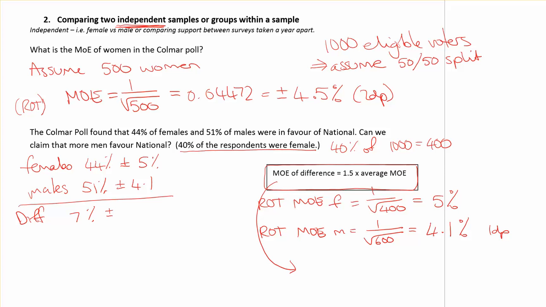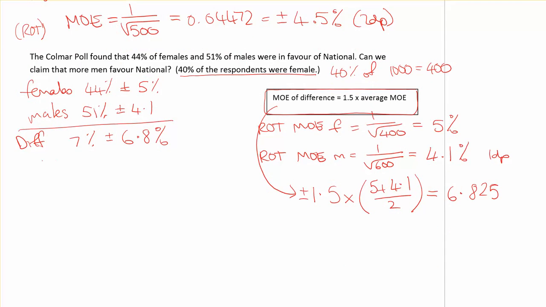So if we do the working down here, it'll be plus or minus 1.5 times now the average. If you want to average, add the two together and divide by 2. So you can work that out, 6.825. So we might round it to plus or minus 6.8%.